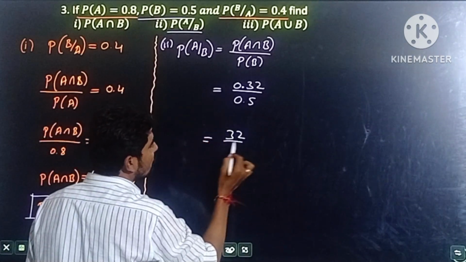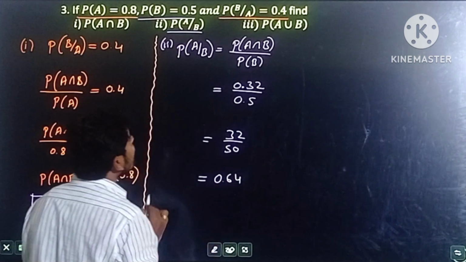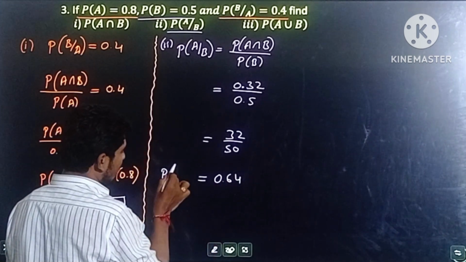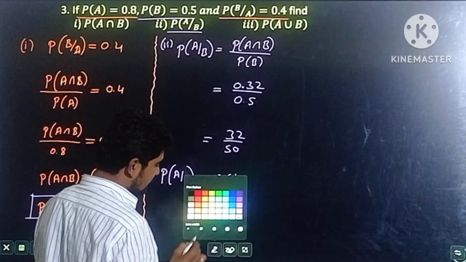It can be written as 32 divided by 50, which is equal to 0.64. So the required probability of A by B is equal to 0.64.